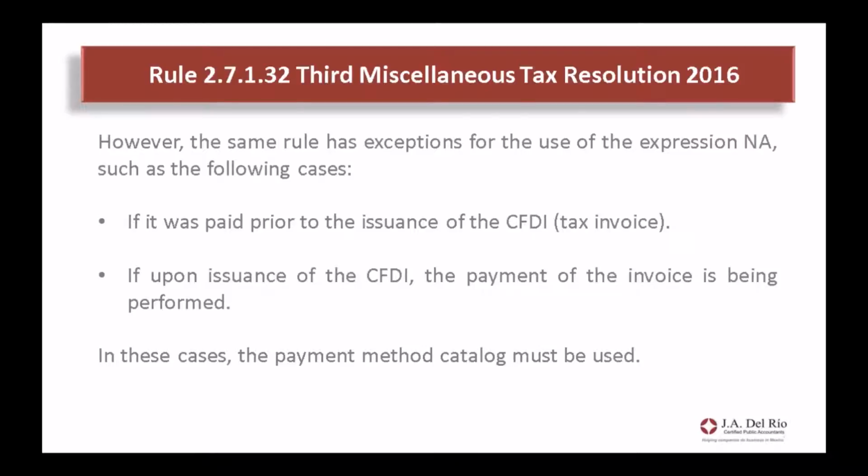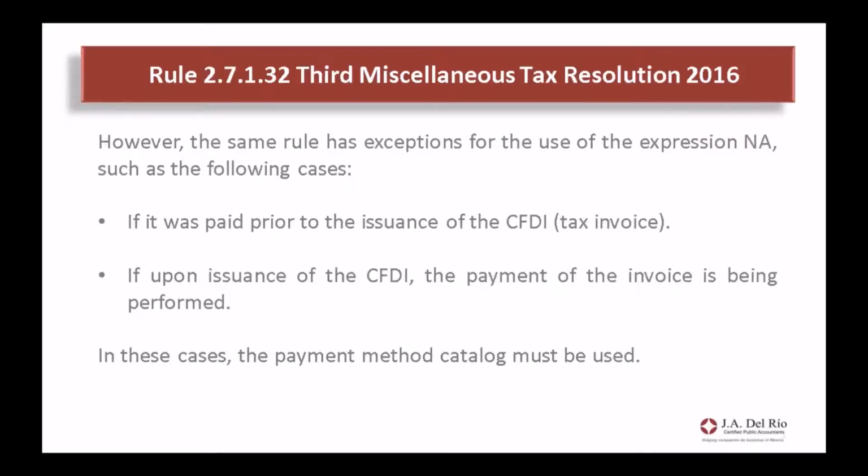It also gives us the possibility to use the information available for method of payment when we prepare the invoice, and it has given us two cases in which we cannot use NA, and that is when the transaction has been paid and then the invoice is issued, and when the payment is made and at the same time the invoice is issued. And the logic of this is because the taxpayer will already know the exact method of payment.